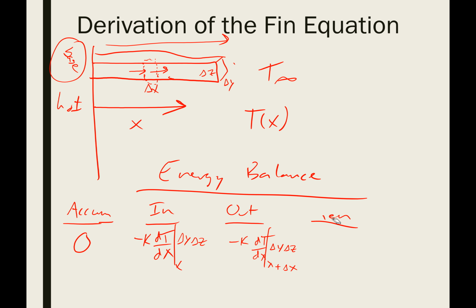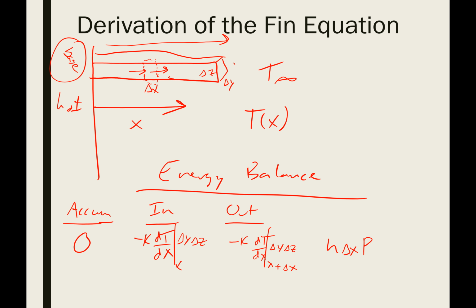We have another out term, so it's also going to be losing energy by convection, by Newton's law of cooling. So here we have h times our area, and I'm going to express our area as delta x multiplied by the perimeter.